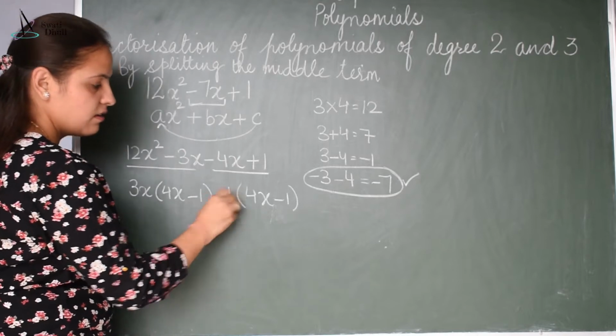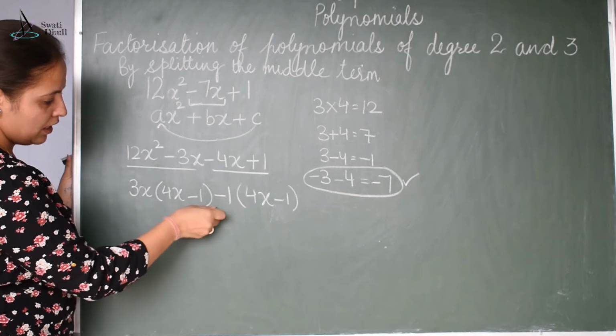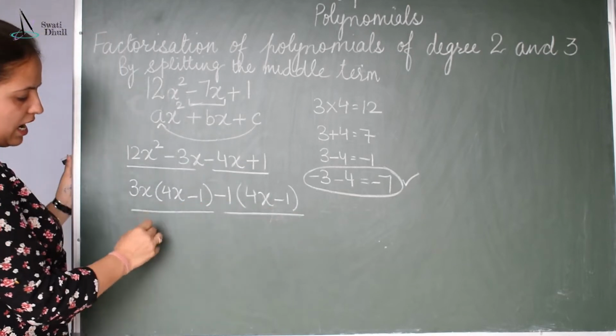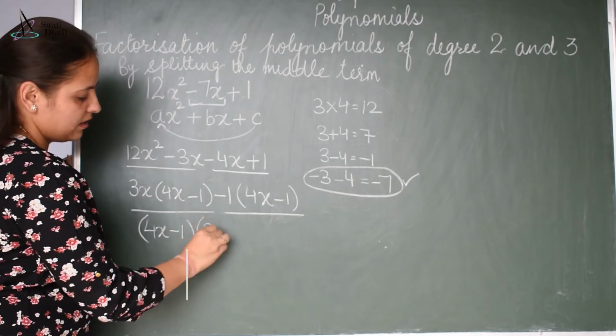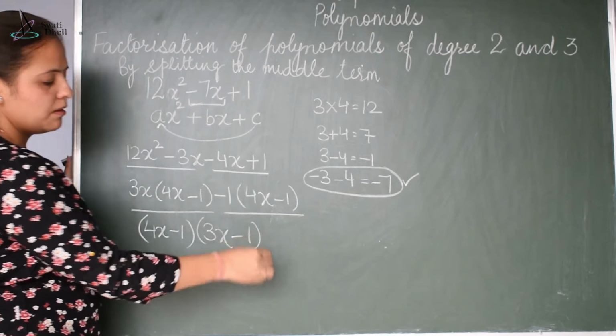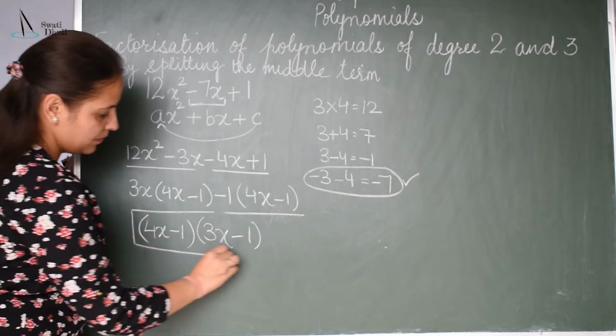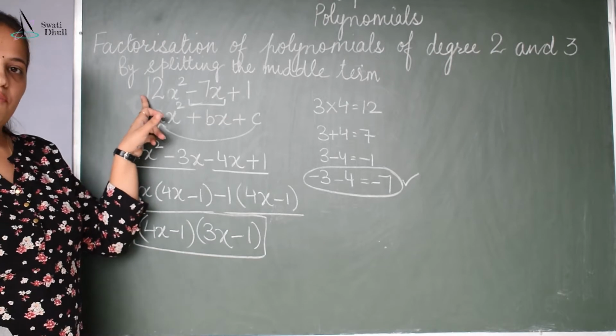So minus 1. Now see, minus 4x, minus minus plus. Now see, from these two terms, I have got 4x minus 1 is common. From here, you are left with 3x. From here, you are left with minus 1. So these are the two factors of this quadratic polynomial.